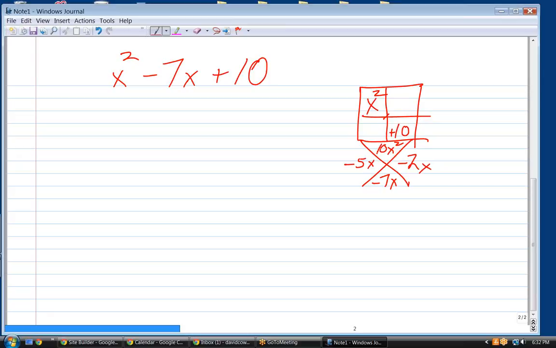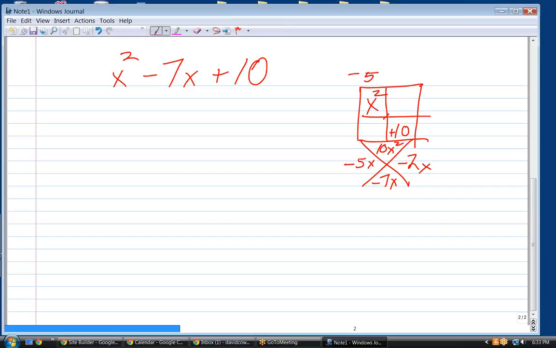You sure this shouldn't be 10x instead of 10x squared? No, it's supposed to be 10x squared. So you have to take 10 and times the x squared. Okay, so this multiplied by this is equal to that. Yeah. Okay. And then you put the negative 5x on the top of the box, right across from the x squared.